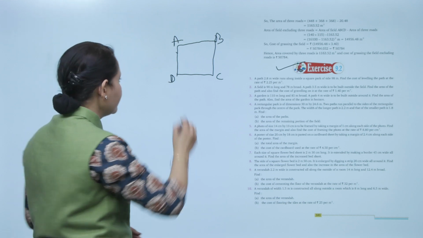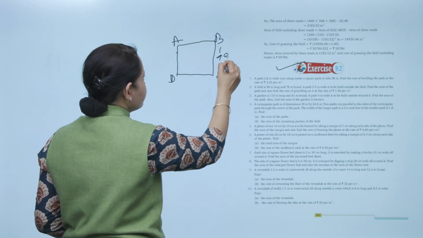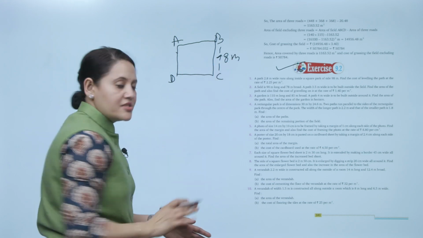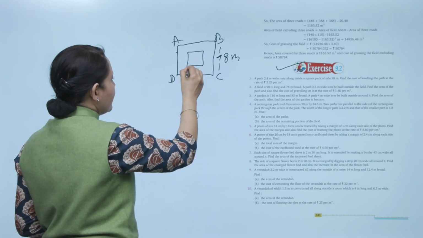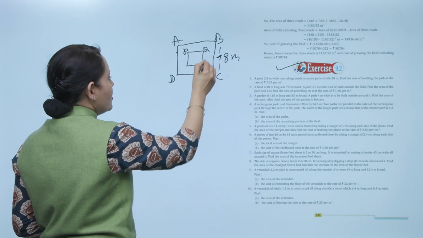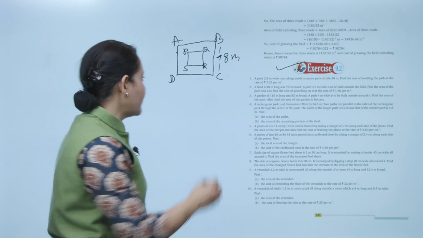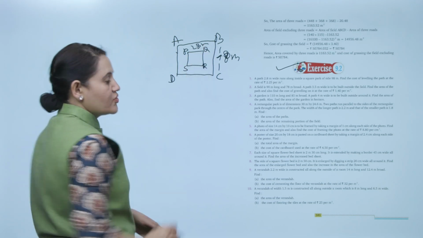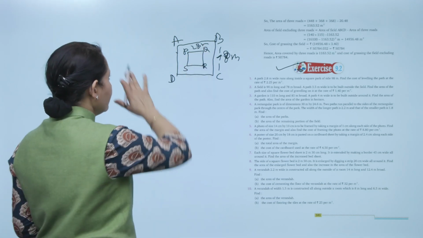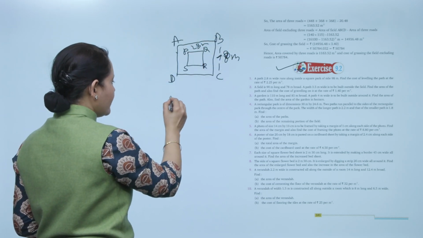So sides are 98 meter. All sides are equal, it's a square. Inside there is another square PQRS, and the path is 2.8 meter wide.